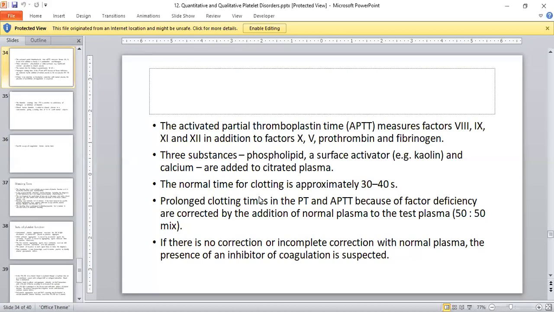So tissue factor, factor 3, is added to the blood that you've extracted, and then you time how long it takes for coagulation to occur, for a clot to form. If it's tissue factor you're adding, you remember tissue factor was the activator for the extrinsic pathway. That means PT, prothrombin time, is specific for the extrinsic pathway.